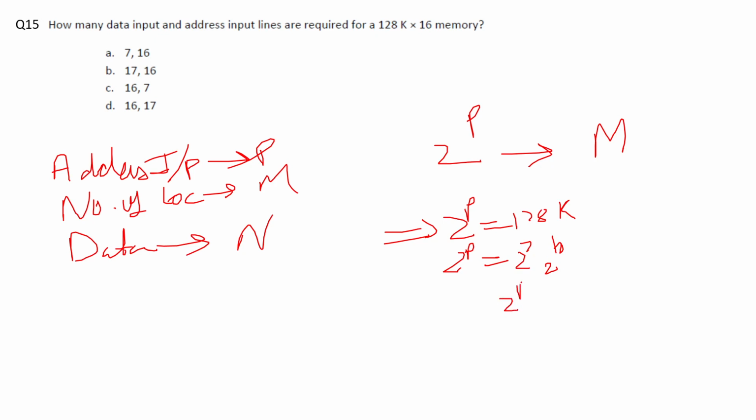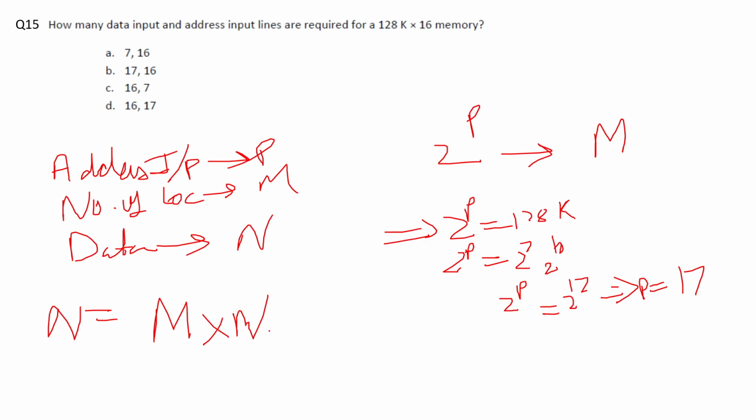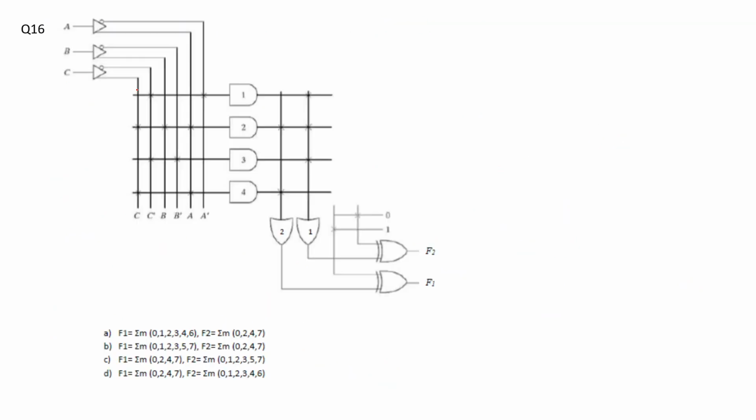So 2 raised power P is equal to 2 raised power 17. That implies P is equal to 17. And your data lines is equal to 16, because memory is written like this: M cross N, where M is your number of locations, N is your data line, so N is simply equal to 16. So we need to write N equal to 16 and P equal to 17. So option D is the correct answer.